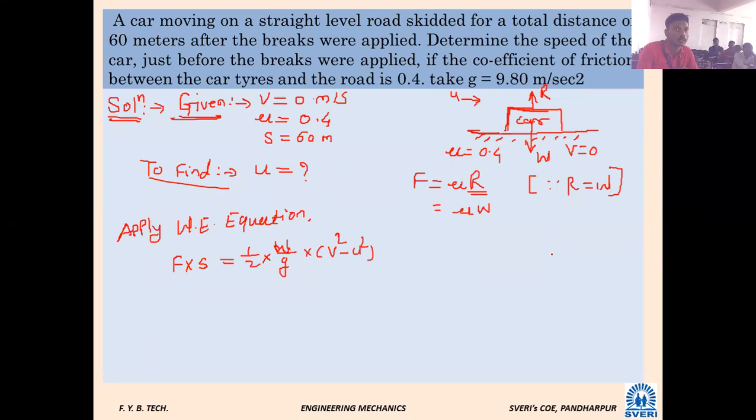You can write somewhere: work done against the displacement or against the motion is negative. That's why here I have to give negative.